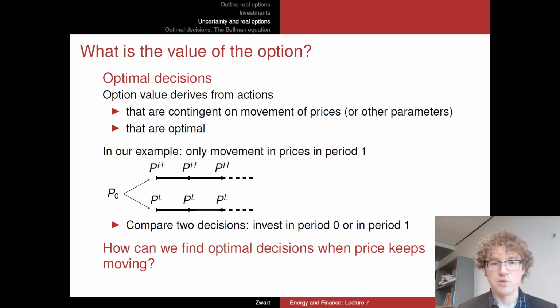Now, this is of course not far from reality, because usually prices will keep on moving in the further future. So we have to find the optimal decision now when price keeps on moving. That will turn out to be slightly more complicated.